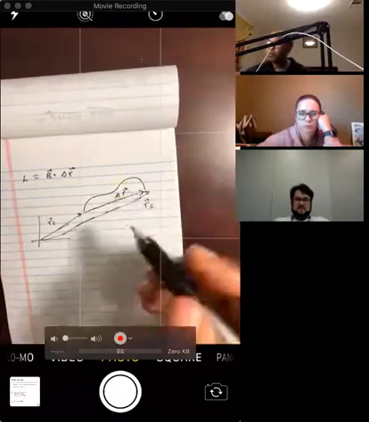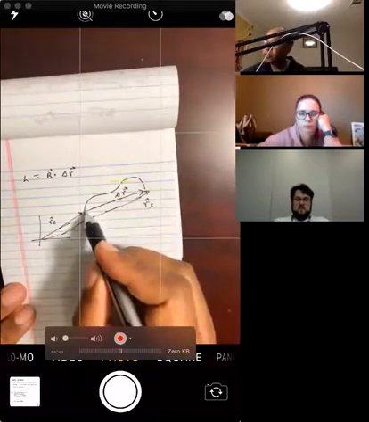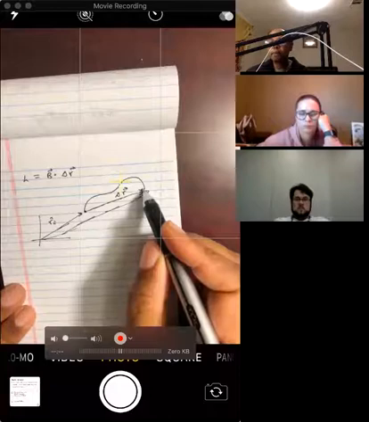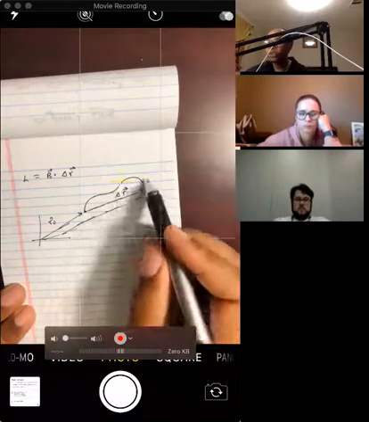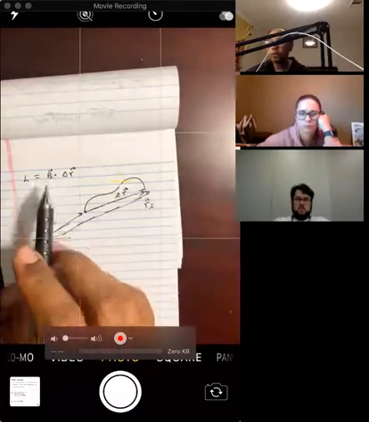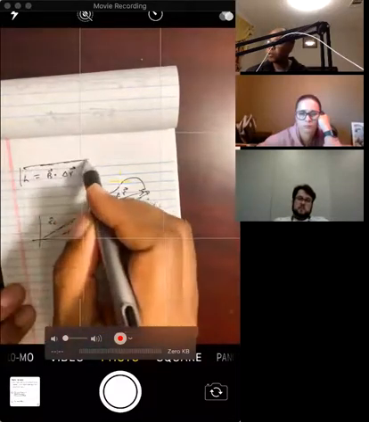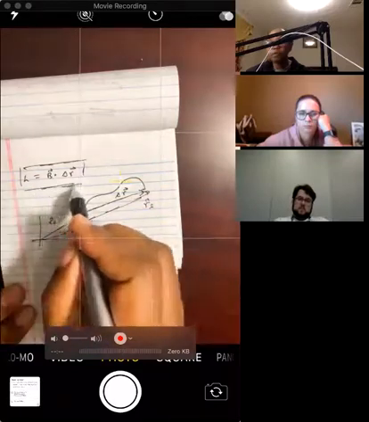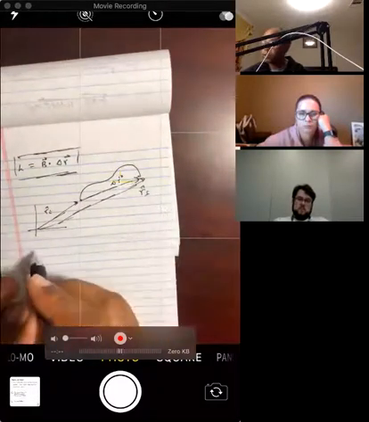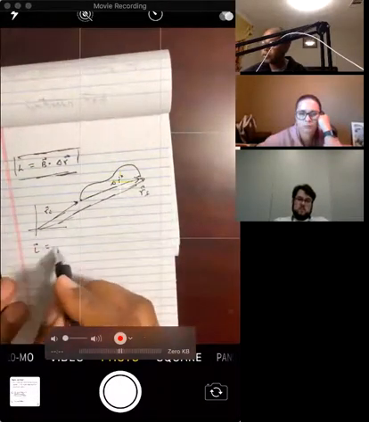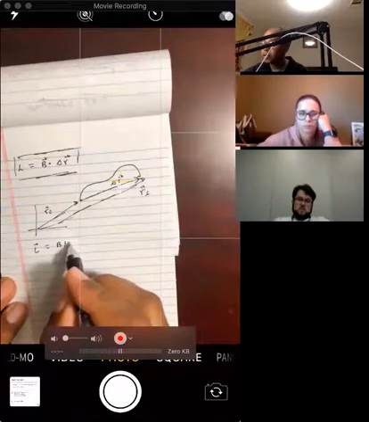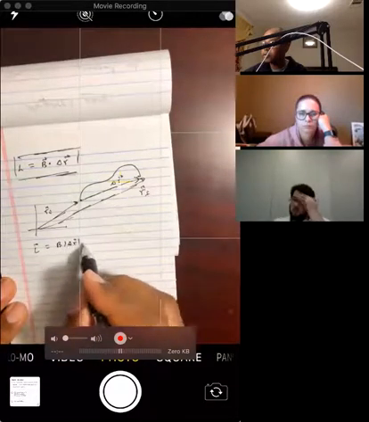Delta R is simply the vector connecting the initial point to the final point. So it doesn't depend on the shape of the path if you're dealing with a constant B. So this is the formula for a constant magnetic field. And of course, you can use the definition of the dot product: the magnitude of the field times the magnitude of delta R times the cosine of theta.